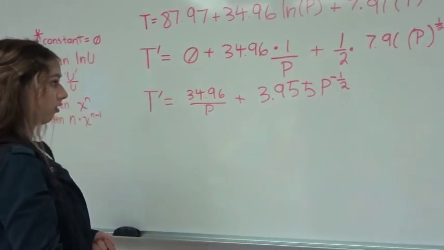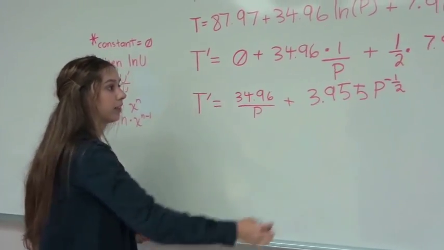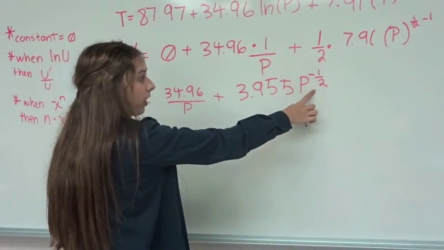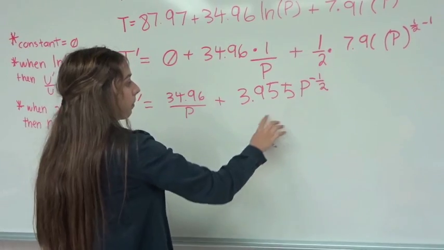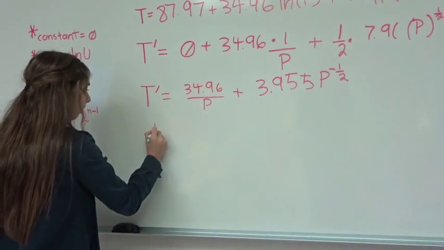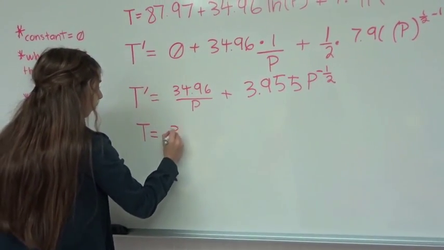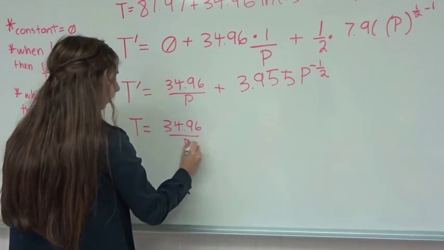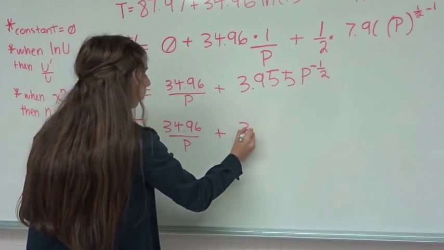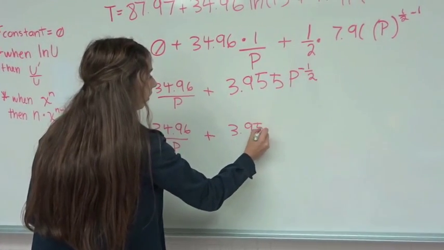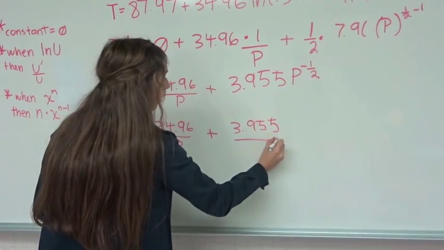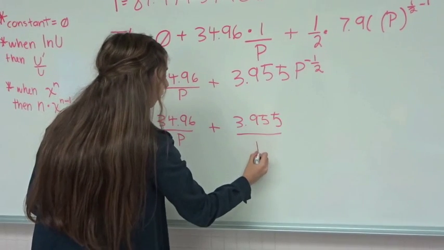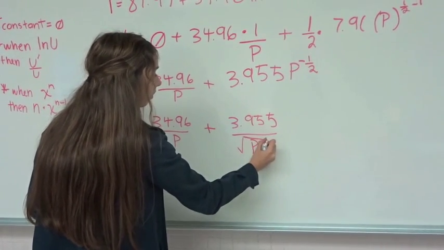And now the final step is to bring down this negative 1/2 and make it a square root. So we rewrite this term, and now we're going to bring down the p with a square root.